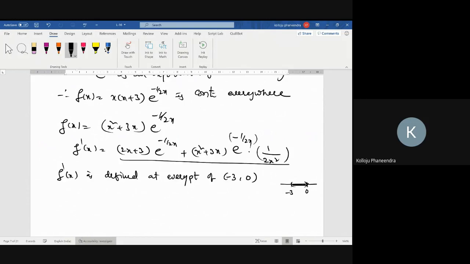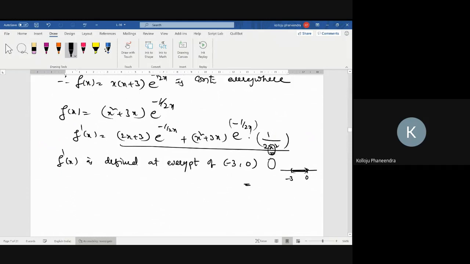This derivative does not exist only at x equal to 0, but x equal to 0 is not included here. So it is differentiable. This implies f of x is derivable in open minus 3 to 0.